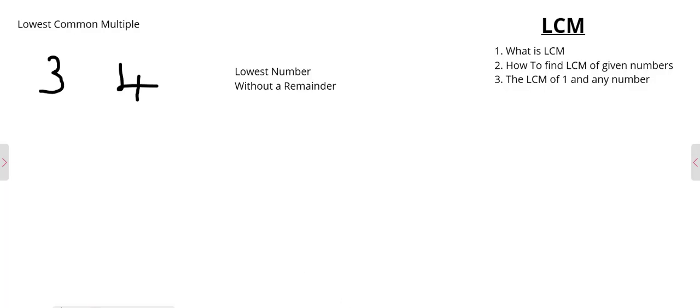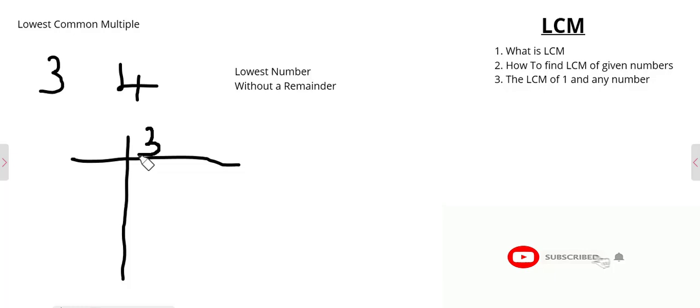For the long division, you put the numbers on the right hand side and you divide them on the left hand side. So we have this long line dividing, and the numbers which we want to find their LCM will be here. We have 3, the first number, and 4, the second number.